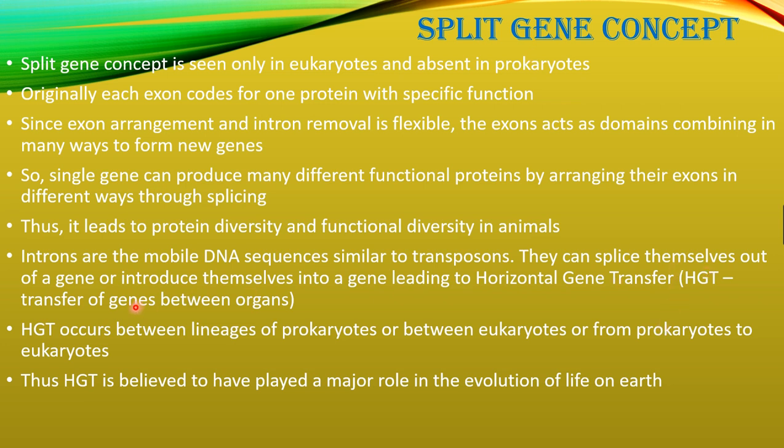They splice themselves out of a gene and introduce themselves into a gene, leading to horizontal gene transfer, HGT. That means transfer of genes. The mobile DNA sequence can splice itself out and introduce into any gene. Horizontal gene transfer occurs between genetic lineages of prokaryotes, between eukaryotes, or from prokaryotes to eukaryotes.